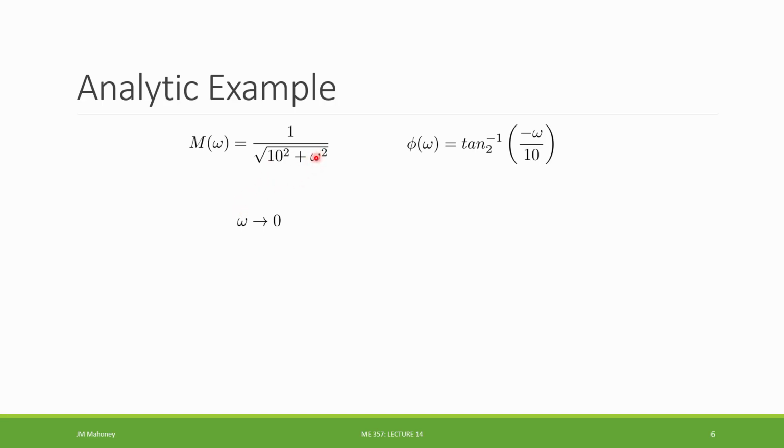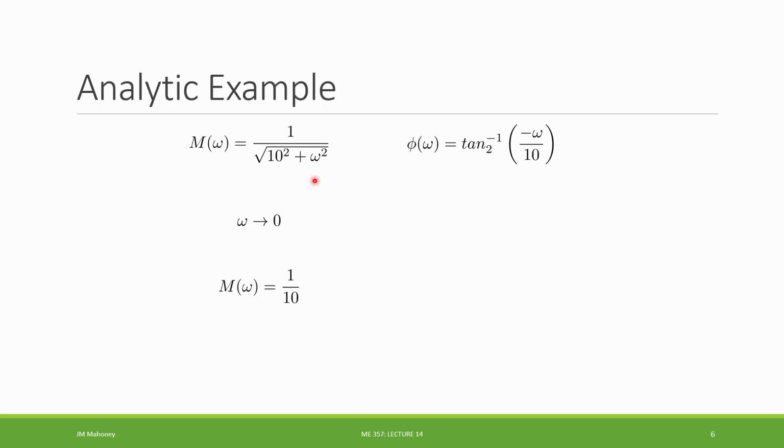We just have 1 over the square root of 10 squared, which is just going to be 1 over 10. So as the input frequency gets smaller and smaller, the magnitude is going to approach 1/10. And again, that magnitude is the ratio of our output to our input. So the output will be 1/10 of our input for very low frequencies.